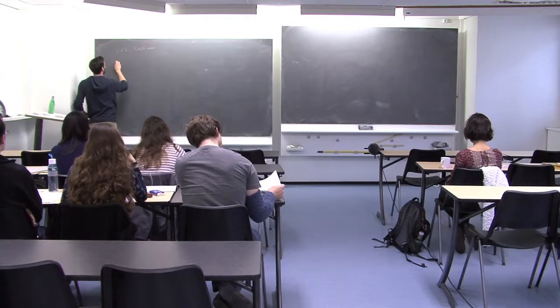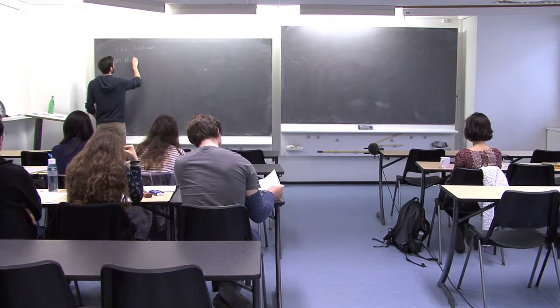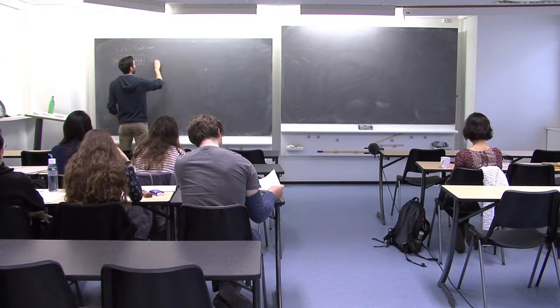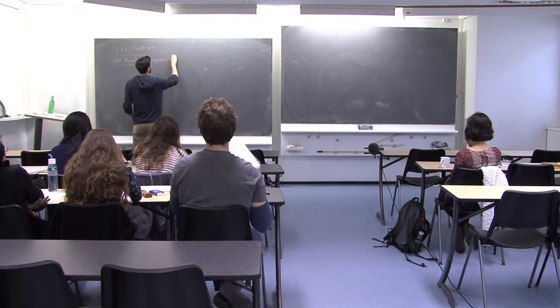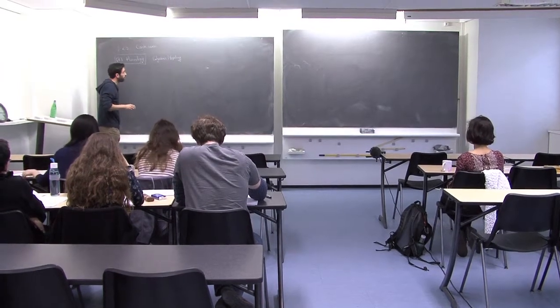So we had a first part which was about homology, which is a part of algebraic topology. And what did we do there?